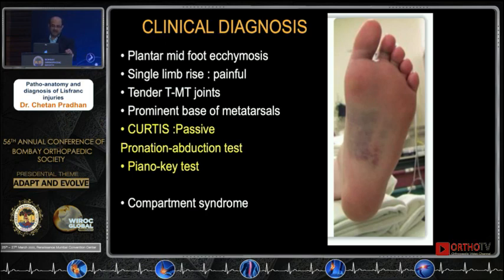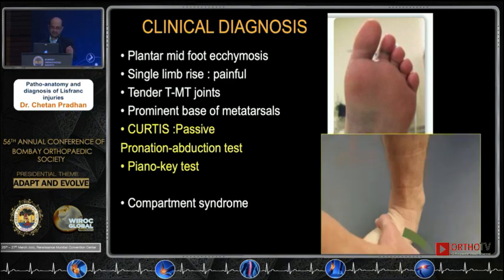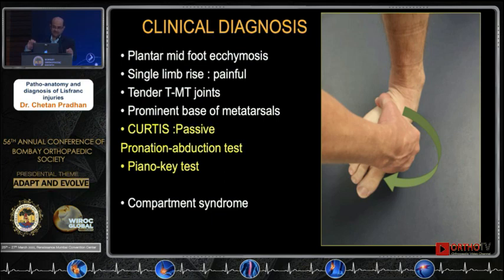A single limb rise, if possible to be done, is painful at the tarsometatarsal joints. You can palpate the tenderness on the tarsometatarsal joints and also do a piano key test by depressing the metatarsal bases. Curtis described a passive pronation abduction test, which can give you a clue to a subtle Lisfranc ligament injury if there is pain at the tarsometatarsal joint.